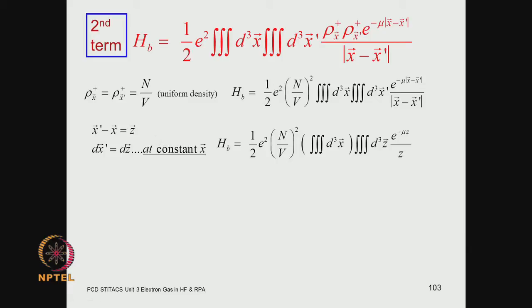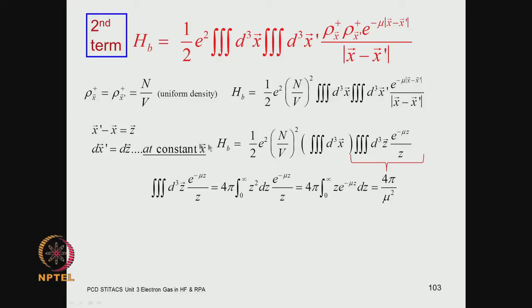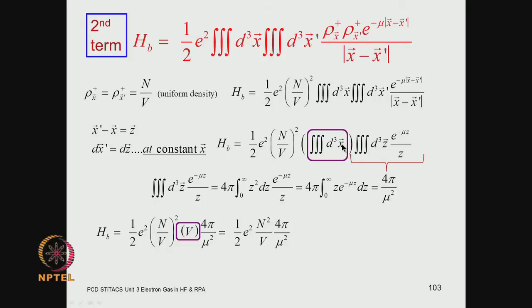Okay? Now, this is a straightforward integral to evaluate, because if you evaluate it using the usual techniques, integration of a product of two functions, it comes out very neatly, and you will find that this turns out to be 4 pi over mu square. So, that is the result we will plug in. This integral is just the total volume, right.